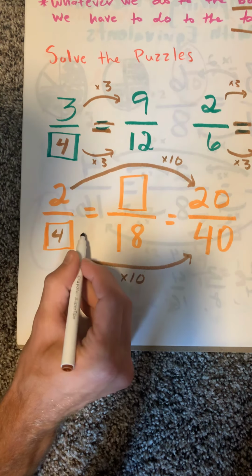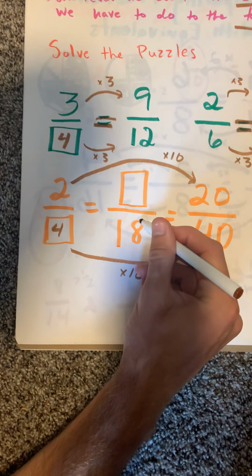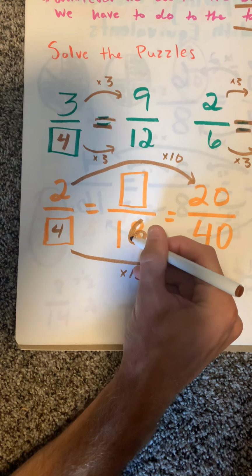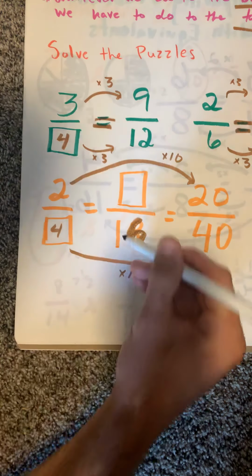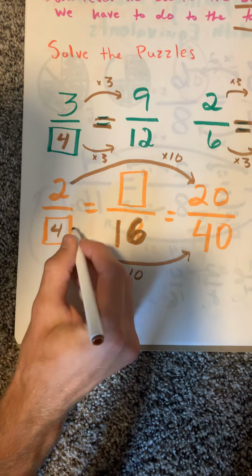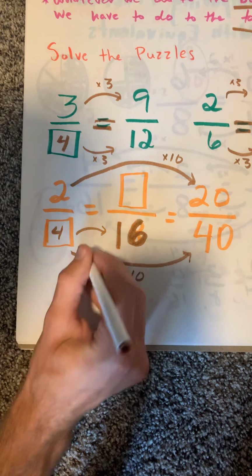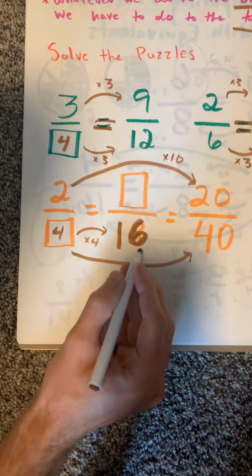All right, on to this next step. Now, here's where things get a little bit more tricky. And you know what? I messed up. This is supposed to be a 16. That is my fault. That's a 16. So if we're looking at this, we know that 4 times something gets a 16, 4 times 4 equals 16.